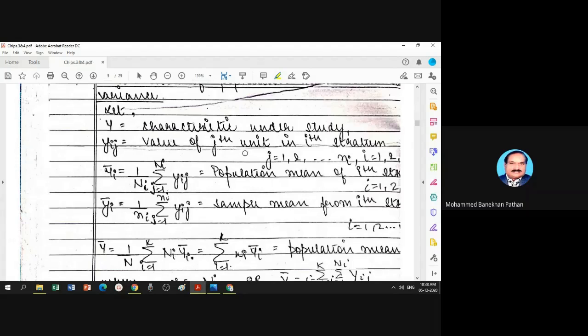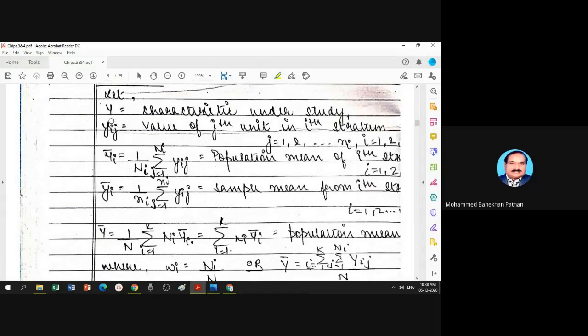So this is nothing but your notation for indicating the value of the unit from the population. If I call this small yij, j will be 1 to small ni. If I call this capital Yij, j will be 1 to capital Ni.